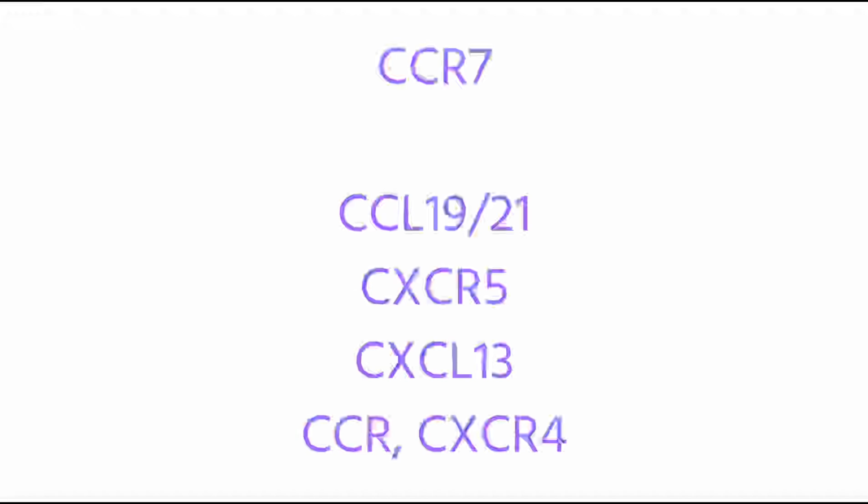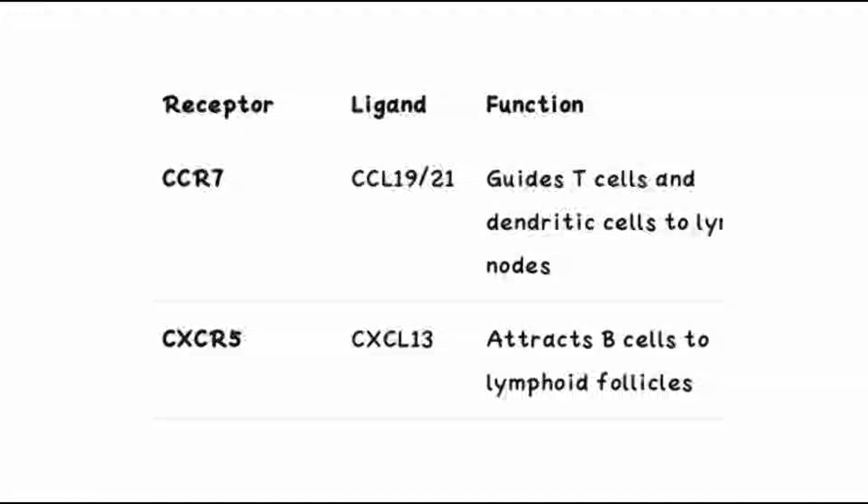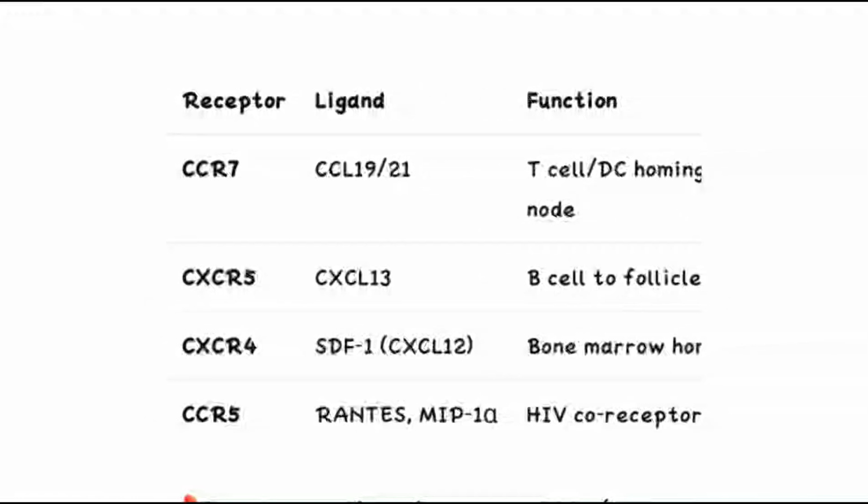So chemokines help in the migration of immune cells. There are CCR7, CXCR5, CXCR4 and CCR5. These are some of the receptors, and the ligands they bind are: CCR7 binds CCL19 and 21, CXCR5 binds CXCL13, CXCR4 binds SDF1, and CCR5 binds CCL3, 4 and 5.